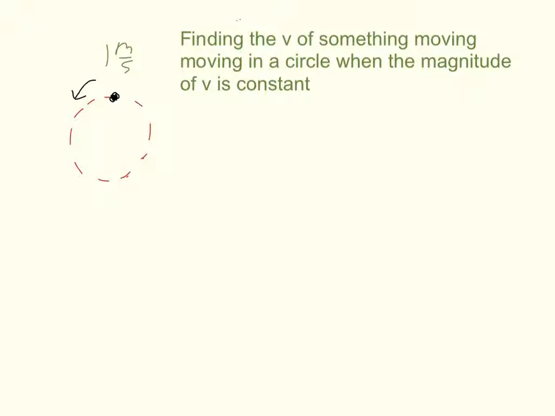How can we calculate what that velocity is? Well, if you recall, when we did one-dimensional kinematics, we could say that the velocity of an object, should it be constant, is equal to the distance the object travels divided by the time it takes for it to travel that distance.